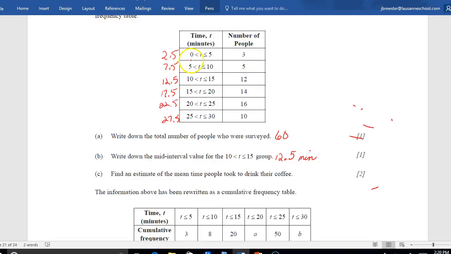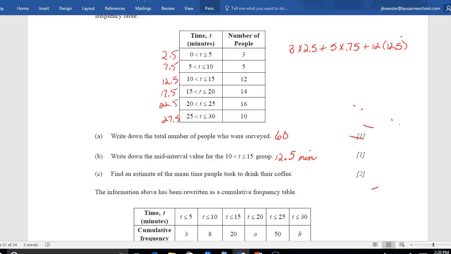So you're going to take all those, multiply them together, add them up, and then divide by the total number of people. I'll just start writing that out. I'm not going to write it all out. So 3 times 2.5 plus 5 times 7.5 plus 12 times 12.5. Now if you wanted to, you could go to your calculator and do stat edit, set up a frequency table.